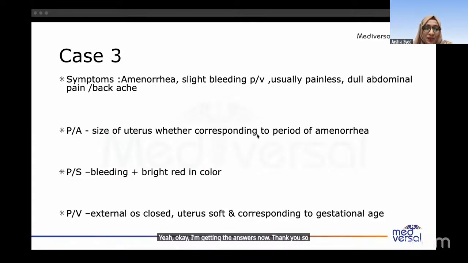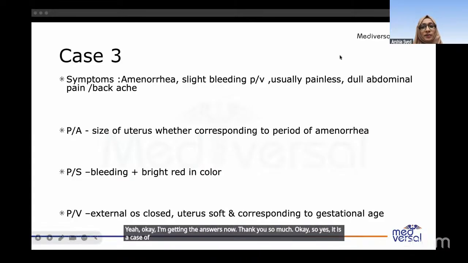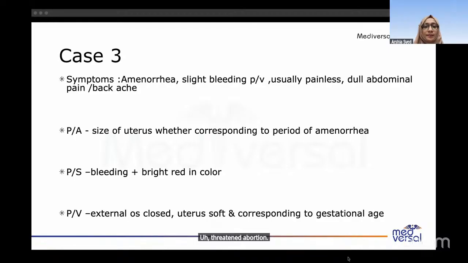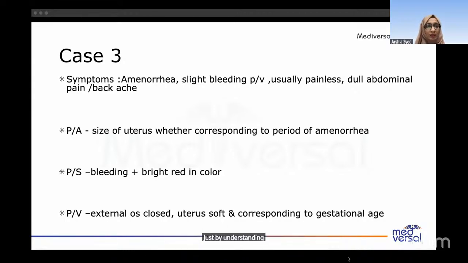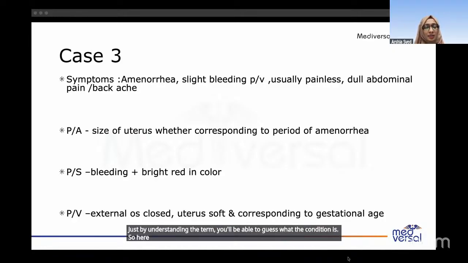Thank you so much. Okay, so yes, it is a case of a threatened abortion. So what do you understand by threatened abortion? Most of the medical terms are very self-explanatory. Just by understanding the term, you'll be able to guess what the condition is. So here, as the term suggests, it was just a threat.